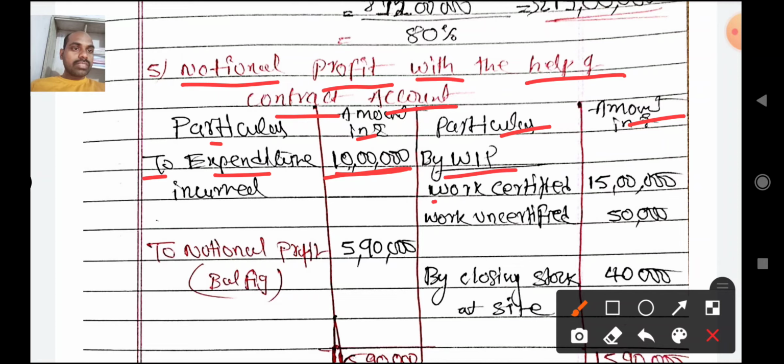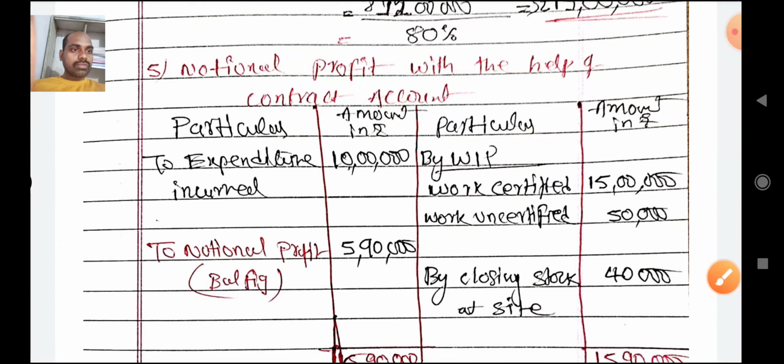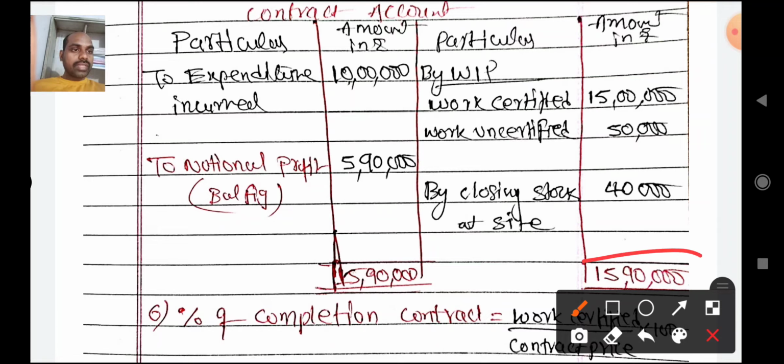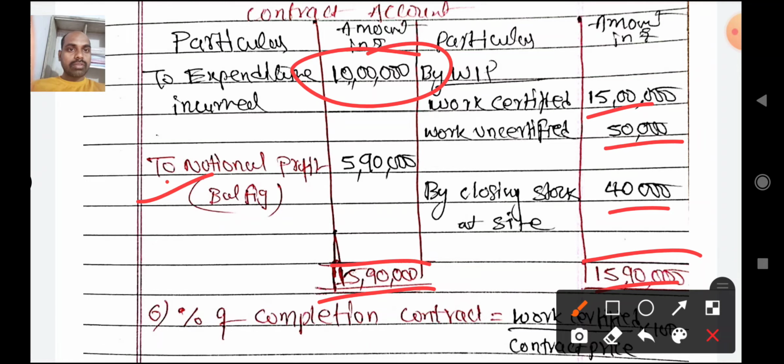By work in progress, work certified 15 lakhs, uncertified 50,000 is given, and closing stock at site 40,000. So it will simply be 15 lakhs 50,000 plus 40,000, 15 lakh 90,000, minus 10 lakhs. Your notional profit balancing figure will be 5 lakh 90,000.